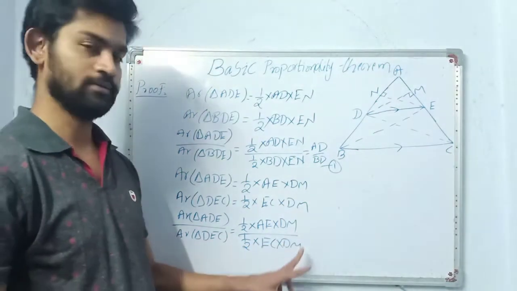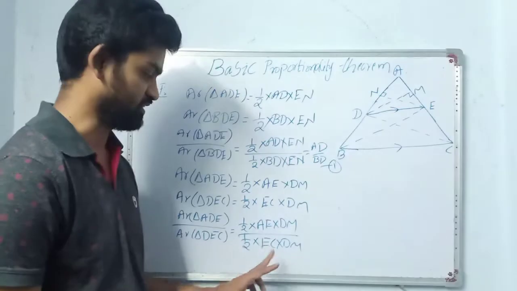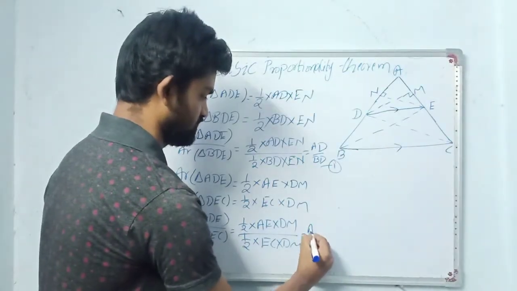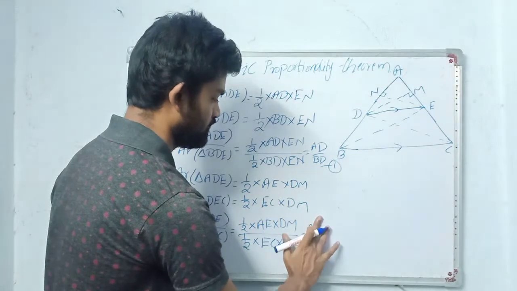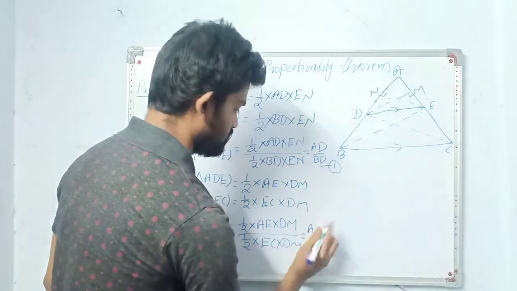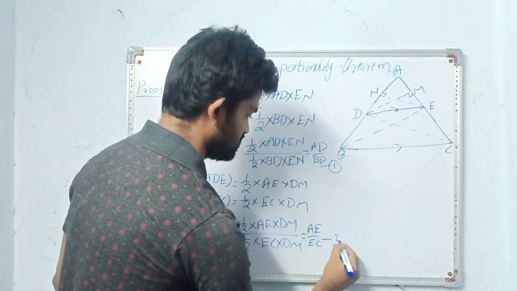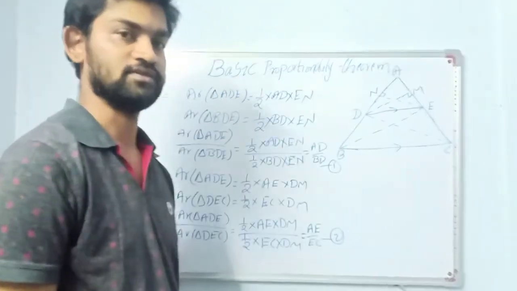See here, DM and half, the same terms will get cancelled. So what will remain? AE by EC. So we will write AE by EC. This we mark as equation 2.